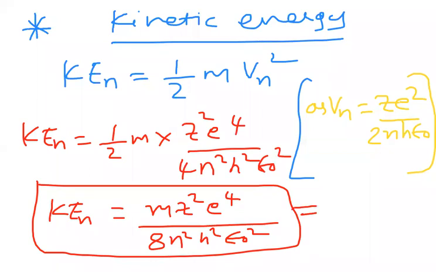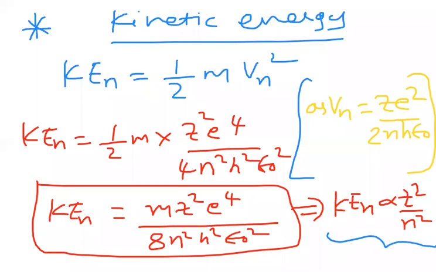So kinetic energy of electron in nth orbit I can also write as proportional to Z square by n square. One student asks, sir, can't we write the Vn value directly? Yes, we can.